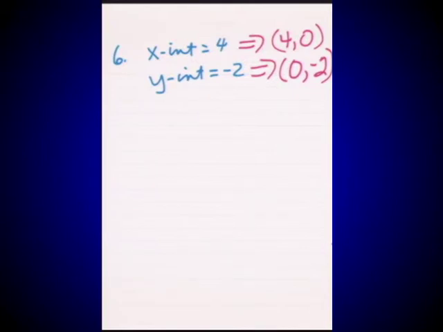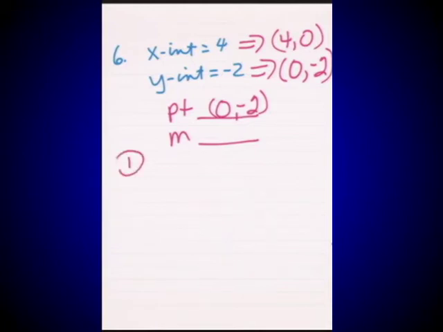What I need is a point and a slope to write the equation in point-slope form. Well, I think I will pick 0, -2 for my point. Pick either one of them. And my task, first of all, is to find the slope.